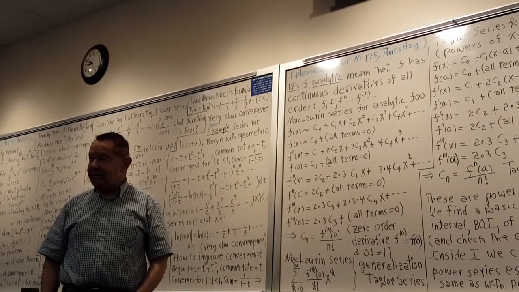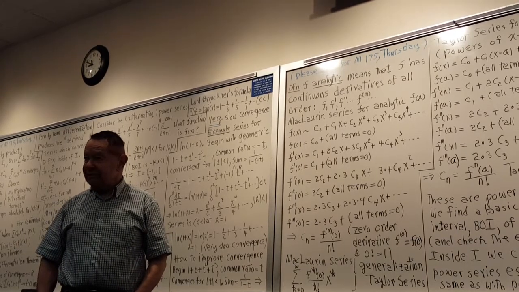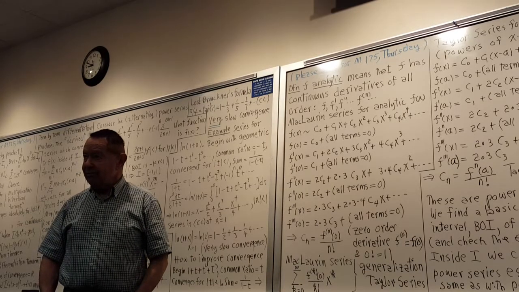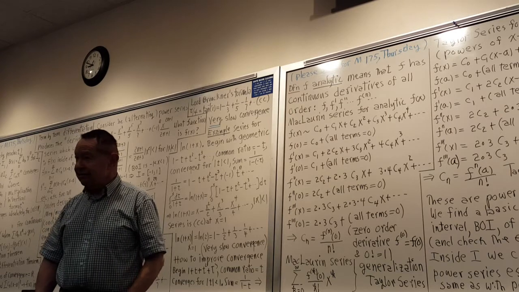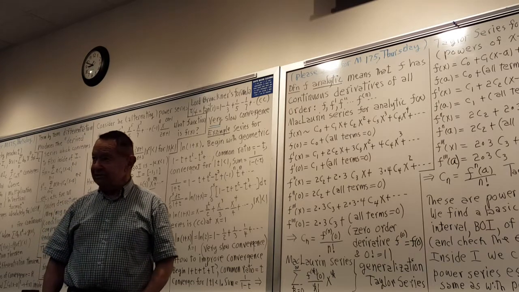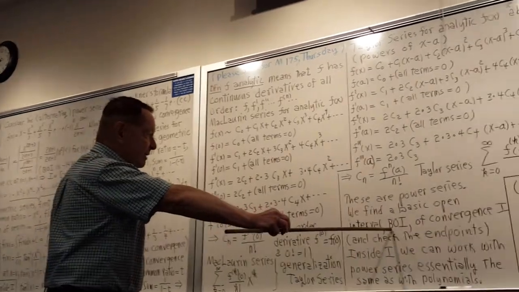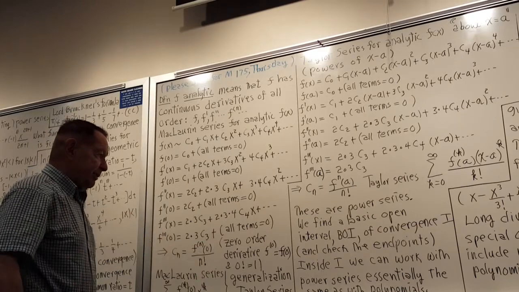And then you might have an alternating series at the endpoints, and you might have convergence then at the endpoints as an alternating series, which we called conditional convergence. So we get the basic open interval and check the endpoints.